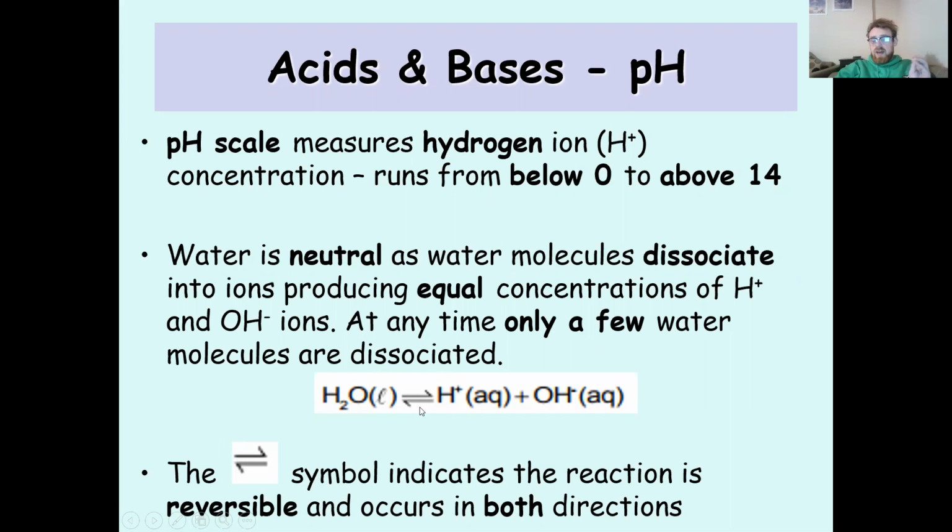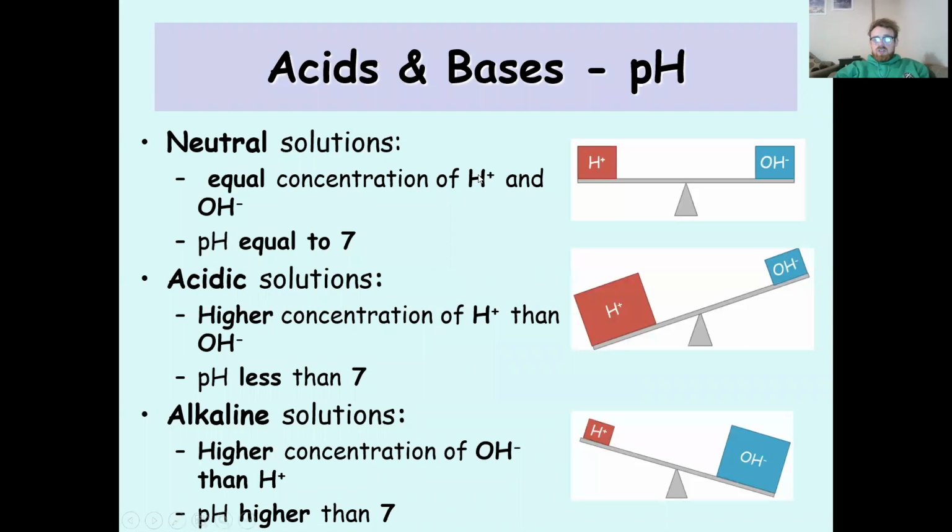Remember, this symbol means the reaction goes forward and it goes backwards. So H2O can break up into H+ and OH-, and OH- and H+ can come back together to form H2O. Neutral solutions have an equal concentration of hydrogen and OH, and that's pH 7. Acidic has more hydrogen ions, and it has a pH of less than 7.